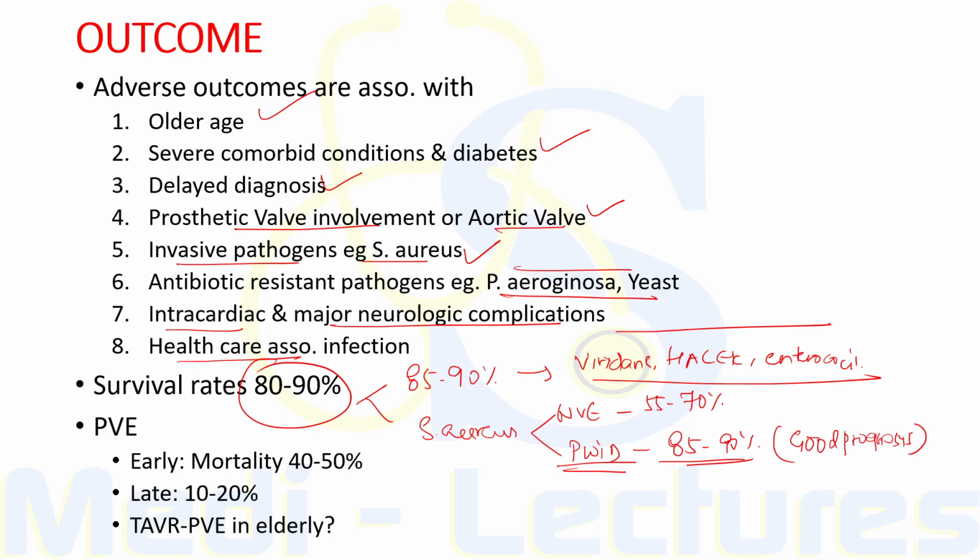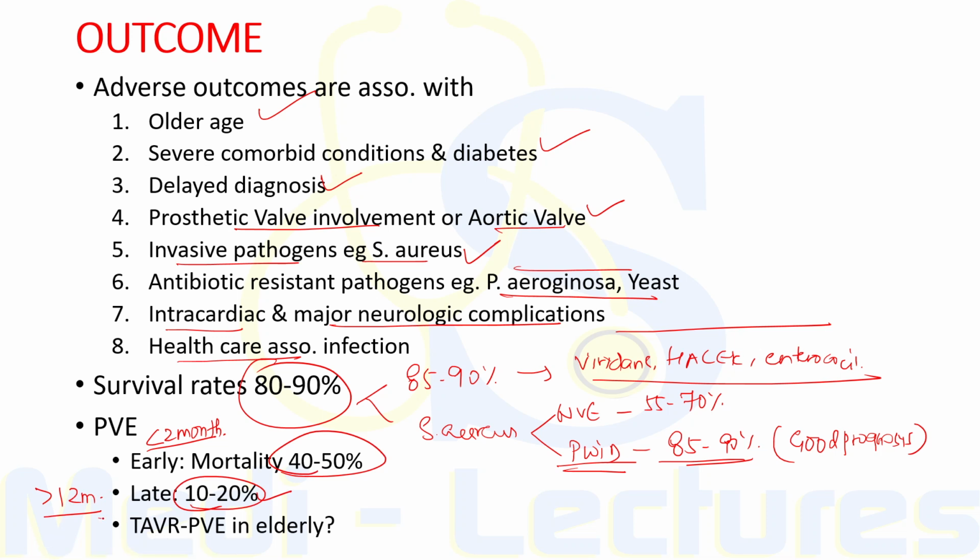When we consider prosthetic valve endocarditis, early prosthetic valve endocarditis, that is within 2 months of surgery, has a mortality of 40 to 50%, while late, which is more than 12 months after surgery, is associated with mortality of 10 to 20%.